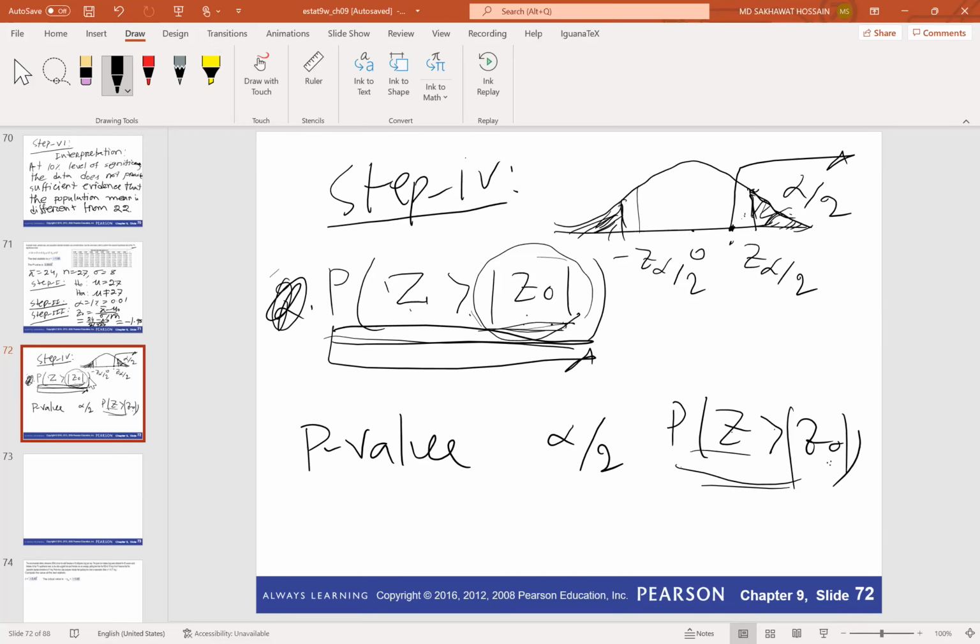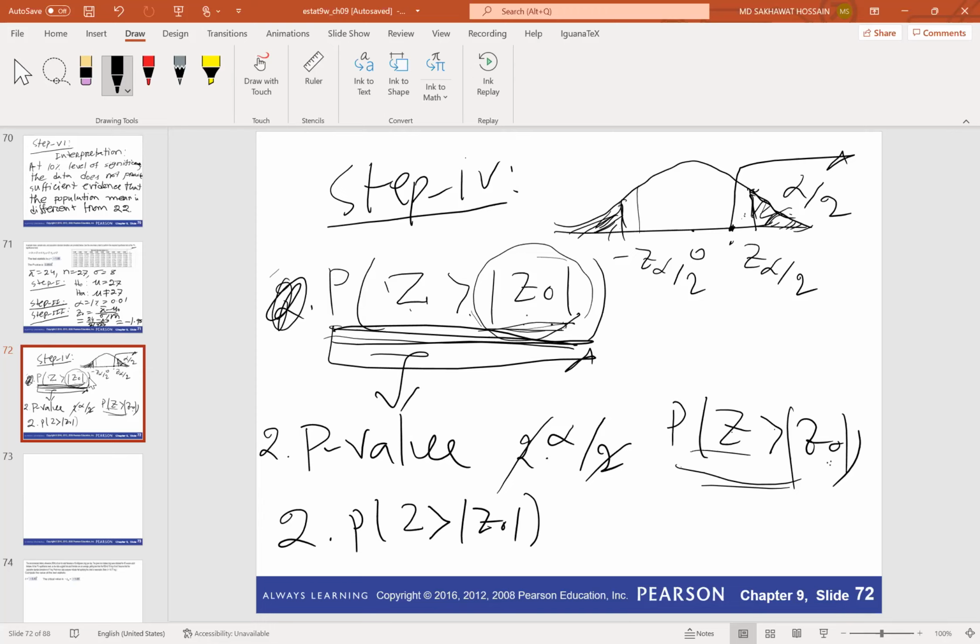But if you want to compare with alpha, then what will happen? You will multiply with 2 here and 2 here, right? It will be cancelled out. So that means it will be 2 times this probability, right? 2 times this probability. That means the probability of Z greater than this one. And here we will have alpha.